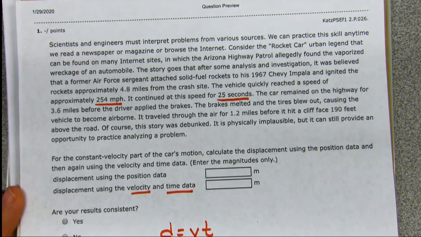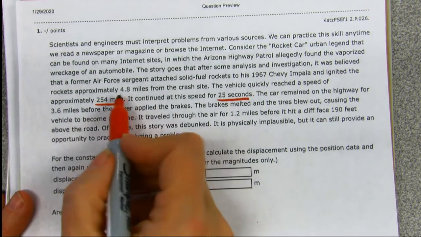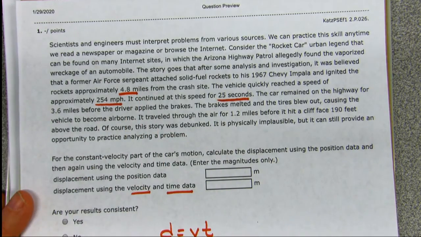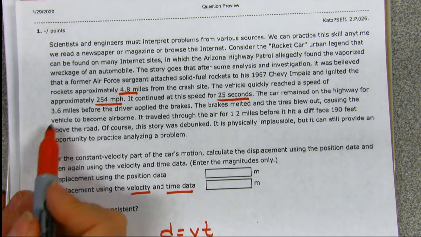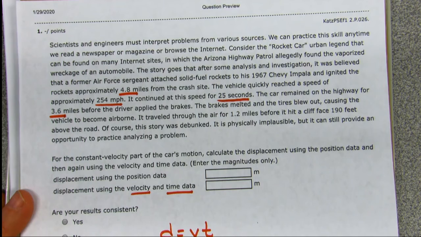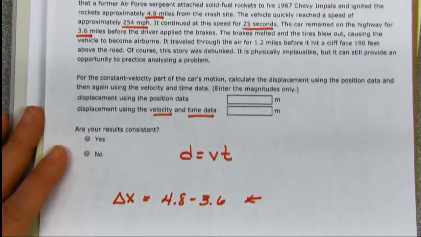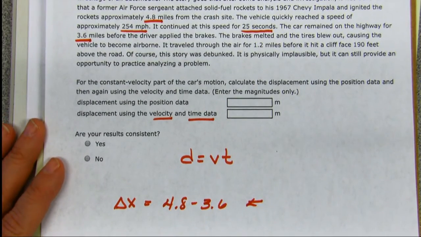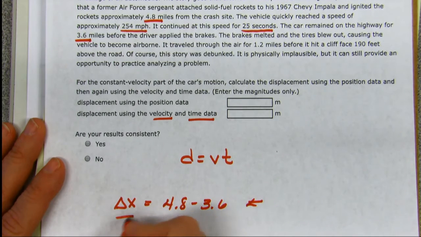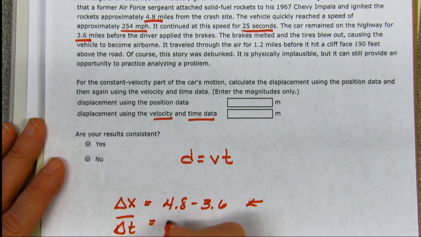The other one says we went 4.8 miles from the crash site, and then the car remained on the highway for 3.6 miles. My change in position is 4.8 minus 3.6. That's position data. And we're told that its change in time is 25 seconds.